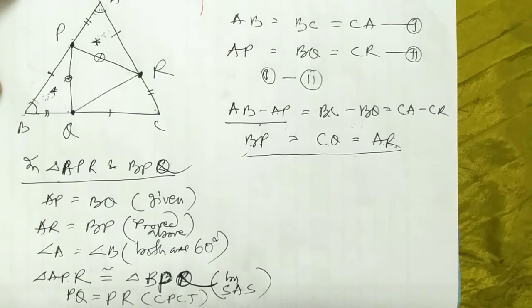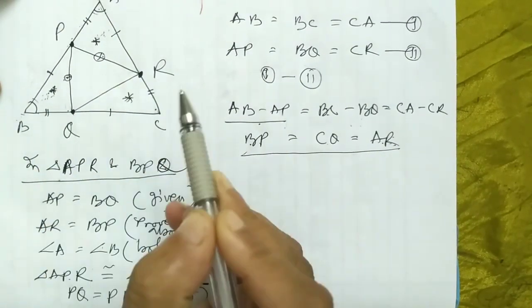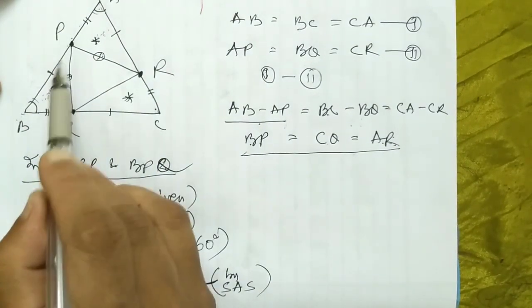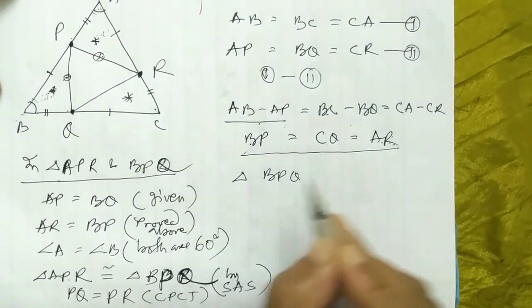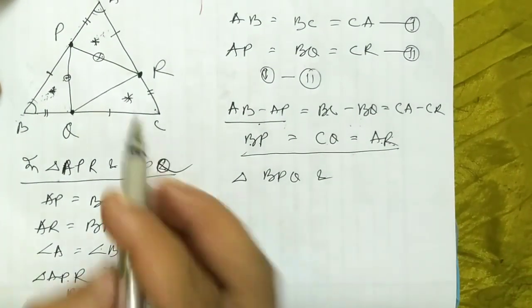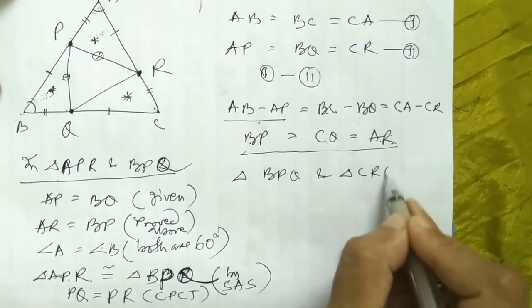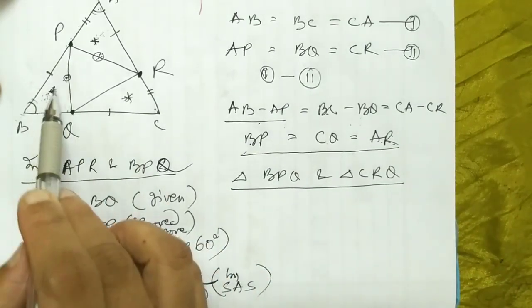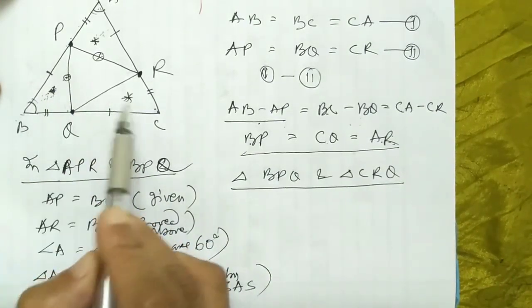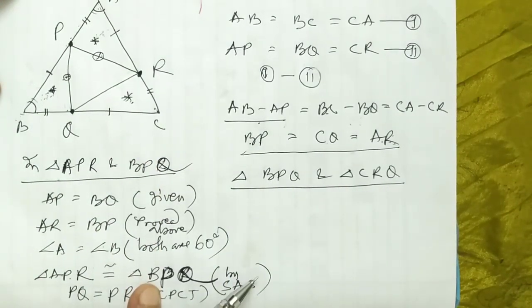Done. Now, we will consider this triangle and this triangle. What is the name of this triangle? BPQ. Triangle BPQ and triangle CRQ. From these two triangles, again we can show that they are congruent. How? The same way, the way we have shown here.